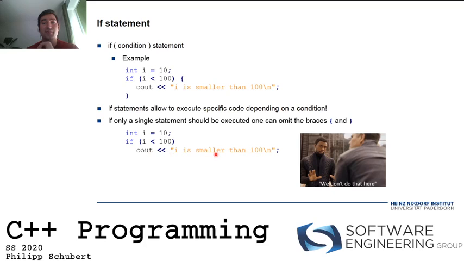Maybe he not only wishes to print something, but also add another statement. And if you just write another statement behind this statement here, it's not executed conditionally, because the if is really only responsible for the next statement that follows, which would be cout. Whatever statement you write after that is always executed, because the if is not responsible for it.